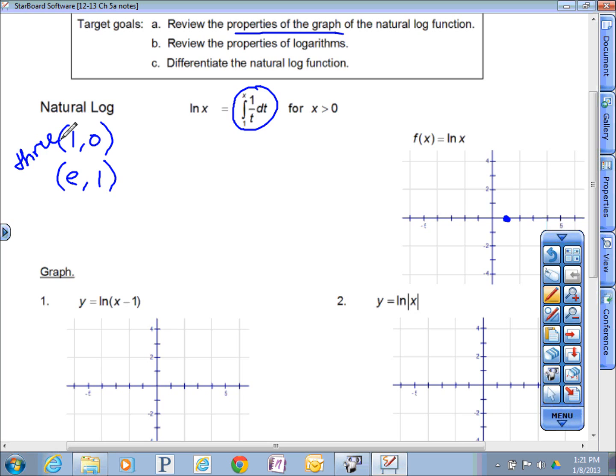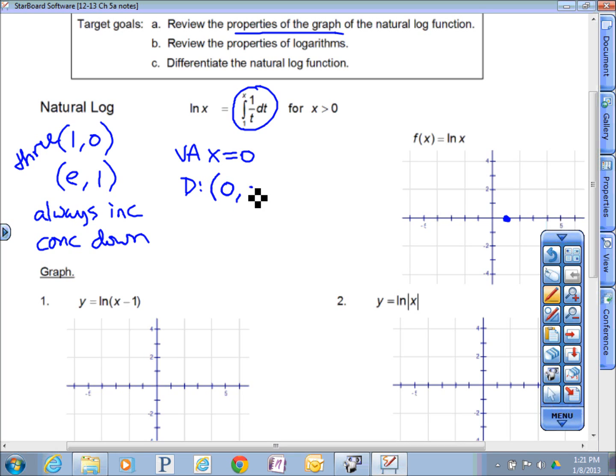It's always increasing, and it's concave down. It has a vertical asymptote at x equals 0, and its domain, coming straight from there, is anything positive. It can't be negative. Remember, you can't take the log of a negative number. And then its range is everything.